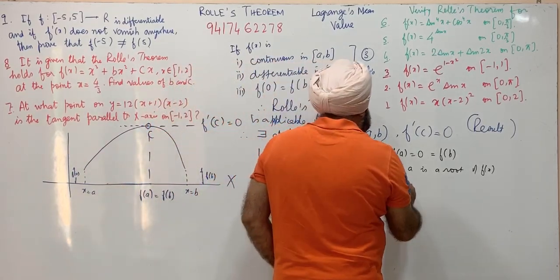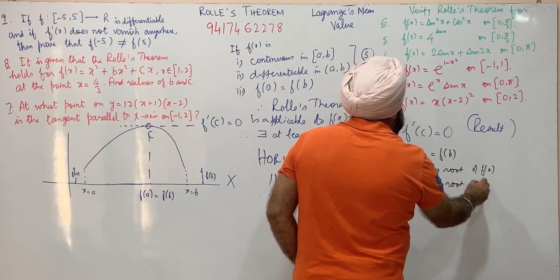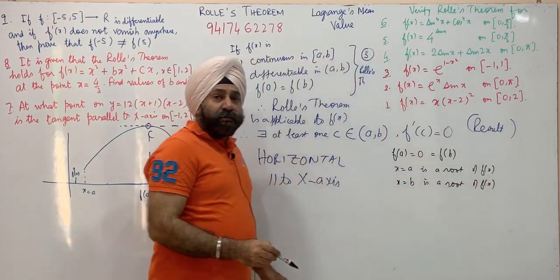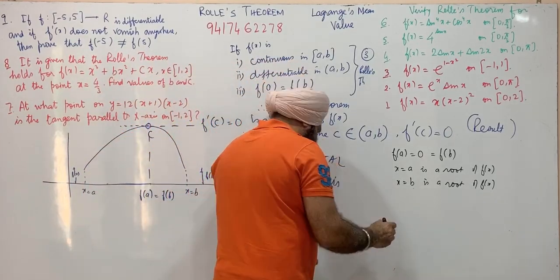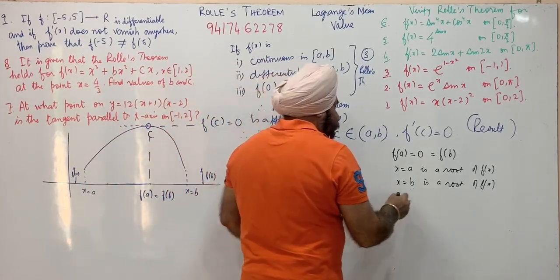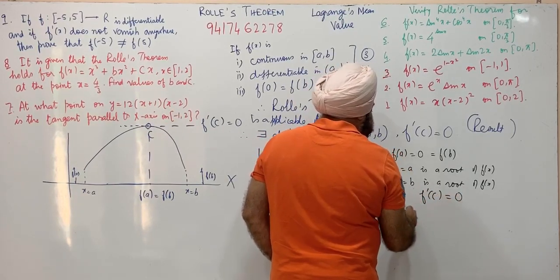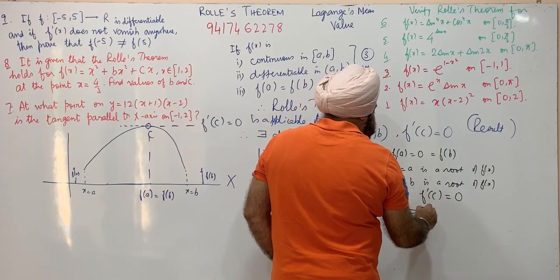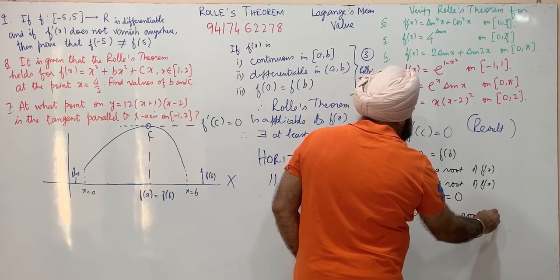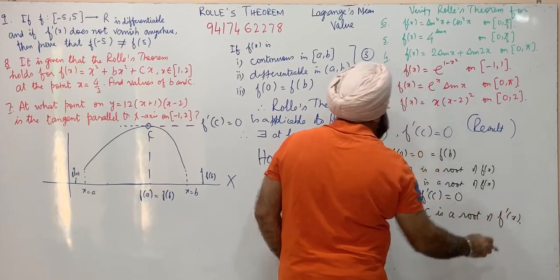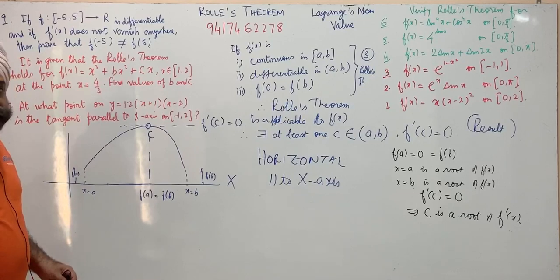This means x equal to b is a root of f of x. So a and b are roots of f of x, and there exists a point c in the interval a to b where f dash of c is equal to 0. So c is a root of f dash of x.